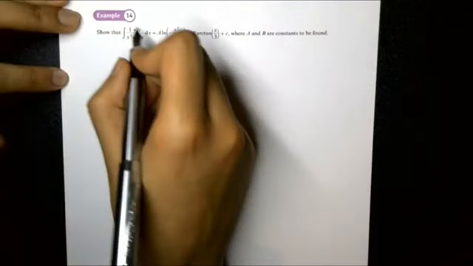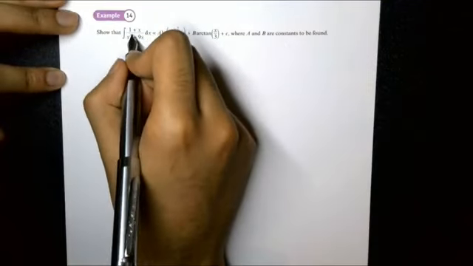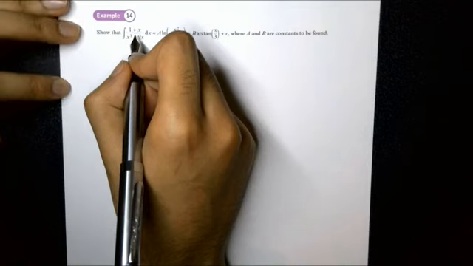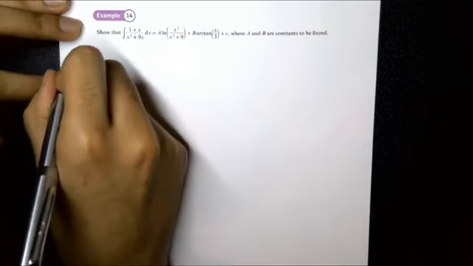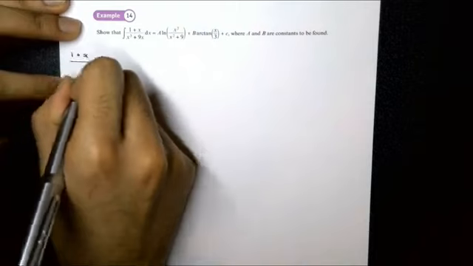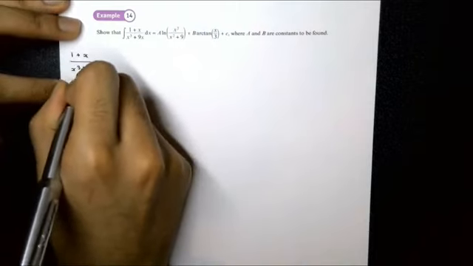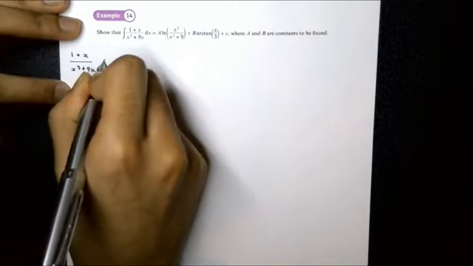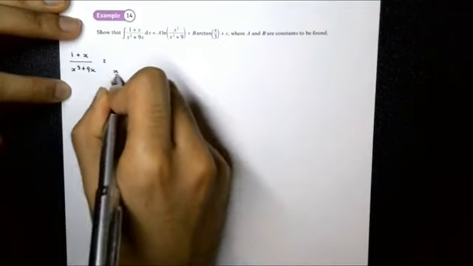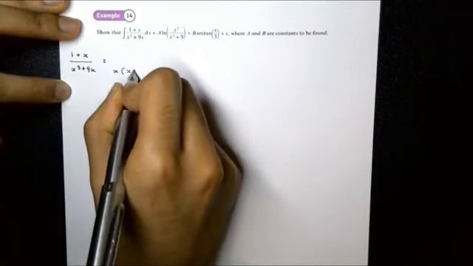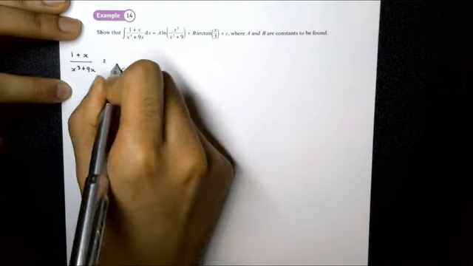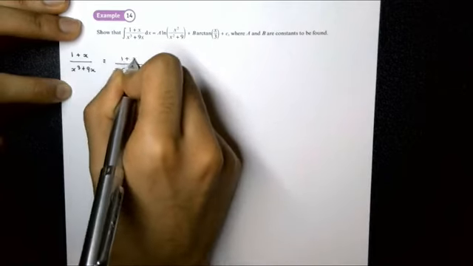So the first thing we need to do is write all of this in an integrable form. So if we consider the 1 plus x over x cubed plus 9x, on the bottom we can factorize out an x, so we've got x lots of x squared plus 9 on the bottom, and on the top we've still got the 1 plus x.